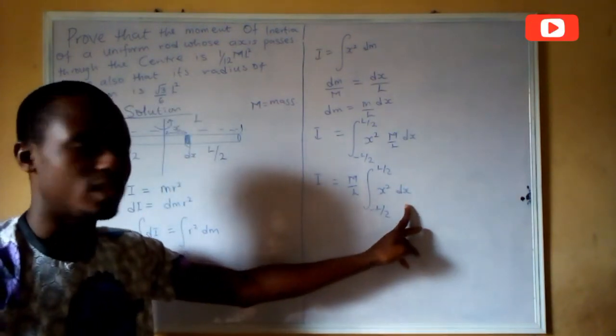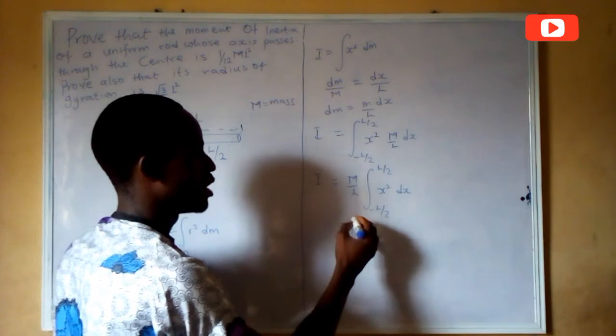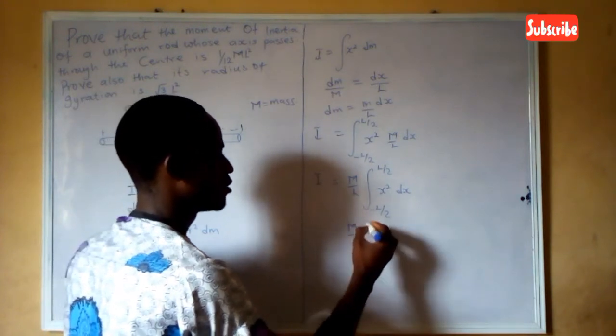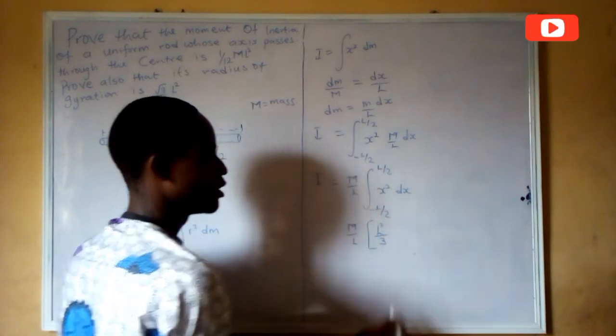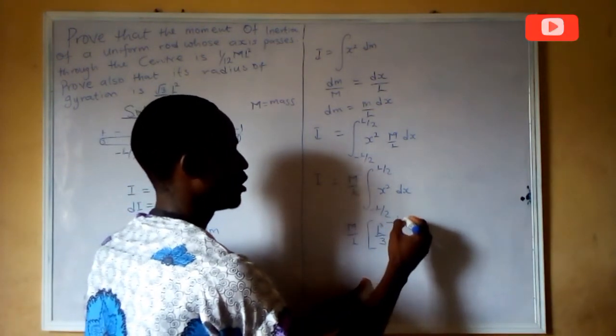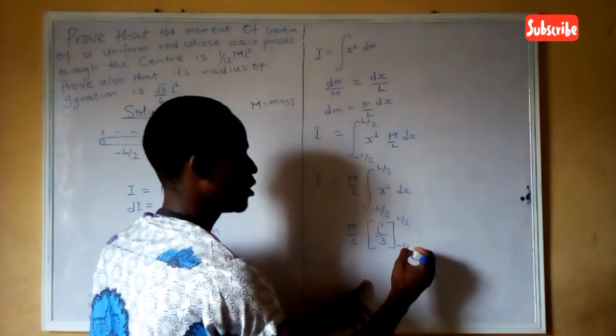So then we evaluate the integral. We have M over L times x cubed over 3, from minus L over 2 to L over 2.